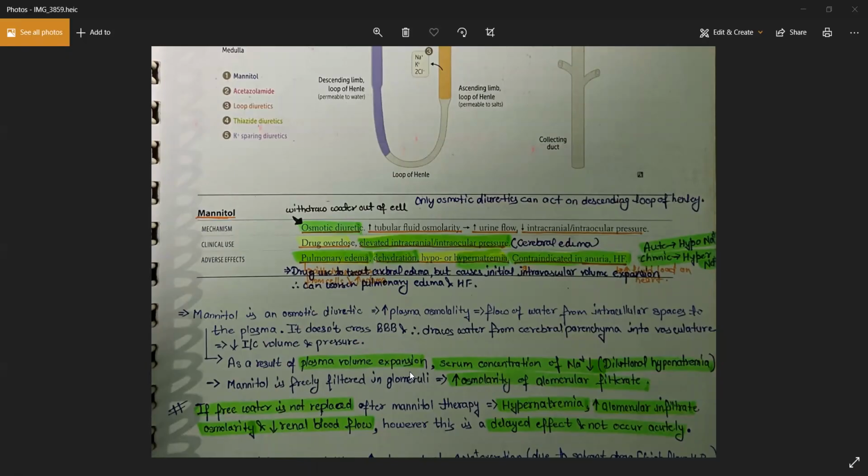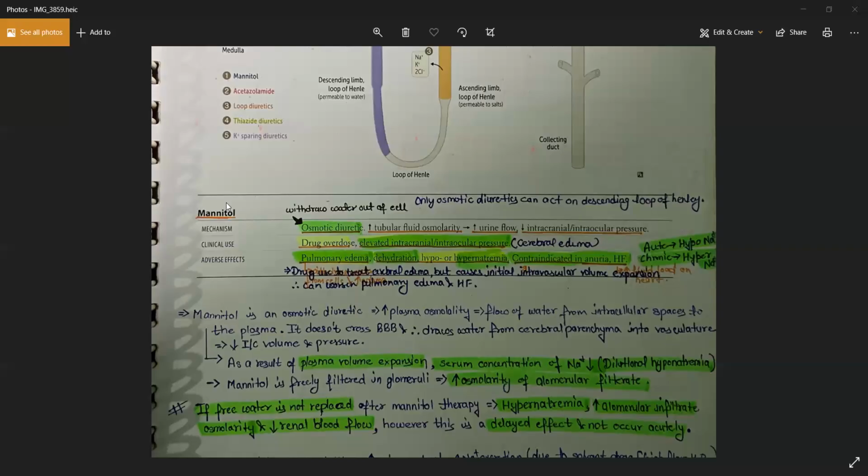It will go to the heart, the heart will pump it, and it will go into the kidney. In the kidney, it will remain in the tubules. There it will draw extra fluid and cause the excretion of the fluid. So initially you will have a temporary excessive overload, and later on you will get dehydration.